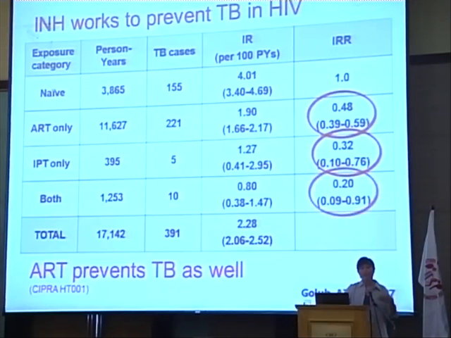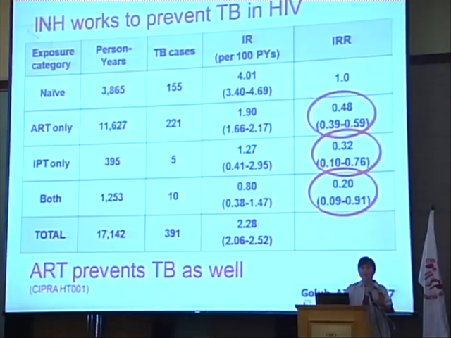And if you give both, then you have an additive effect. But you can see that just giving one or the other alone doesn't completely reduce your risk. So you have to do both, especially in a high transmission zone where HIV patients can get infected again and again. Okay, so INH works and ART works, and so that's my message.